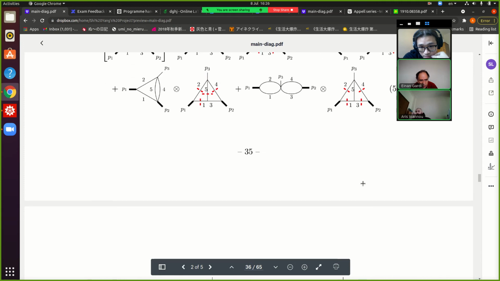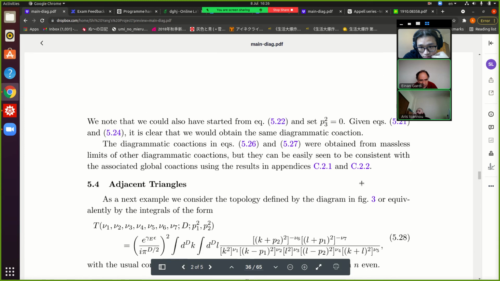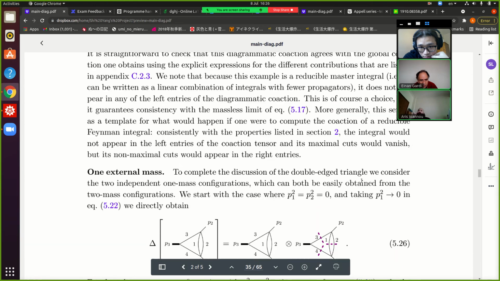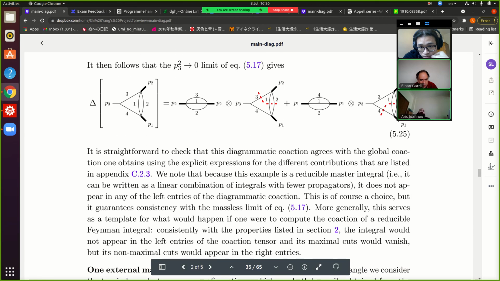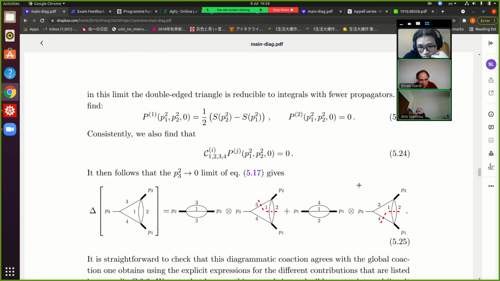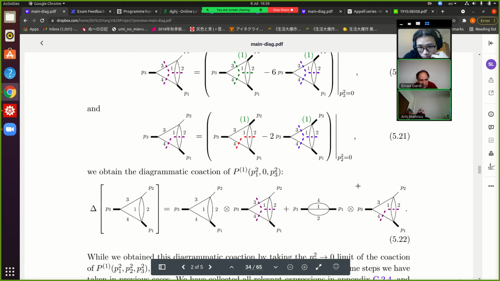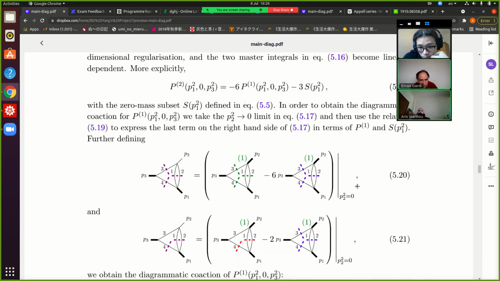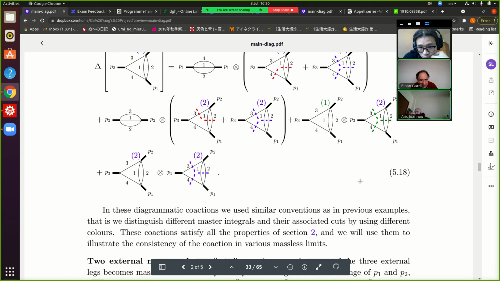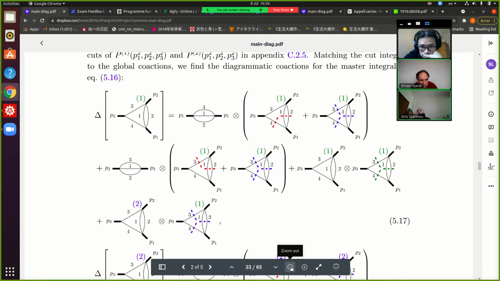Yeah, you go a little bit up and you'll see it. Just a little bit up. If you go up once more, one more page. Yes, that's it. So you see, this is the coaction.